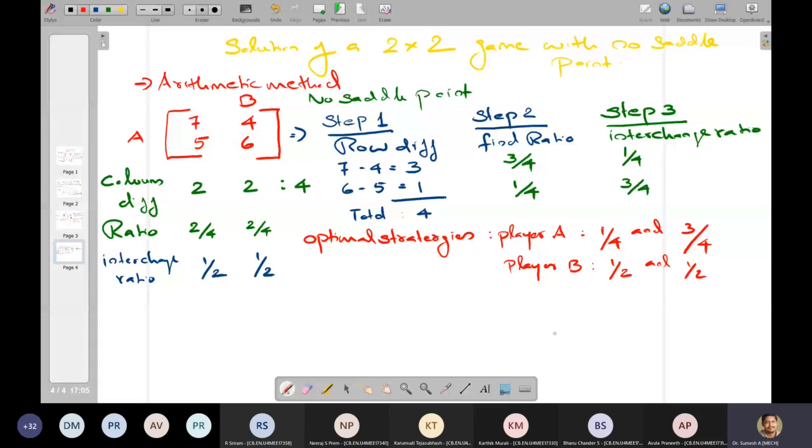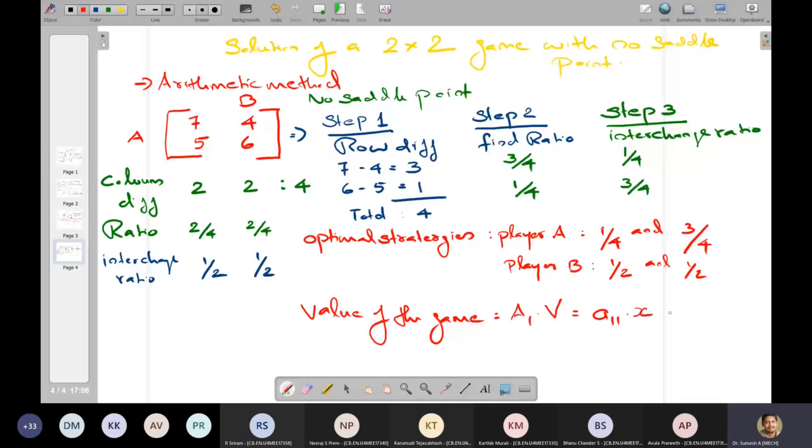To find the value of the game, you can use the equation: value of the game is A11 into X plus A21 into 1 minus X. A11 here is the first value.